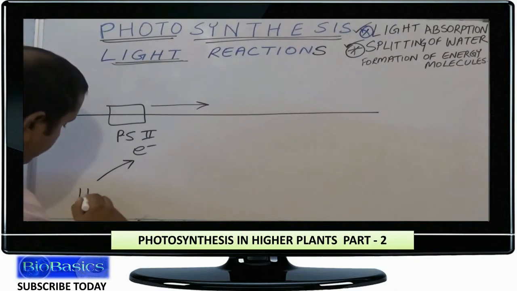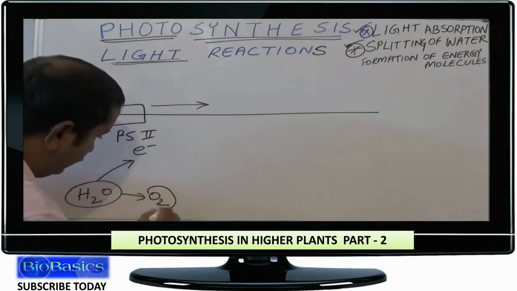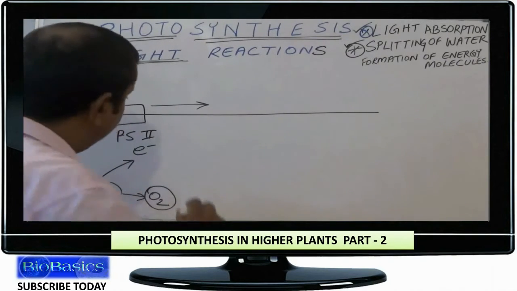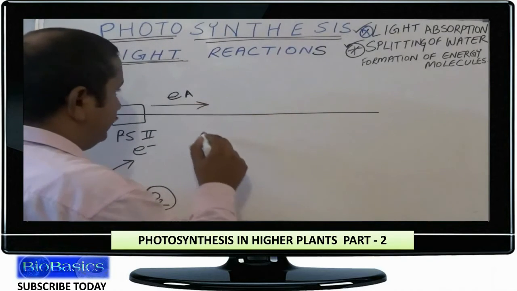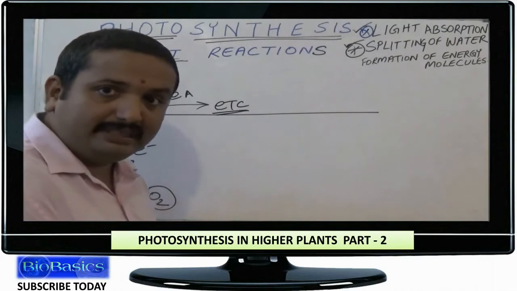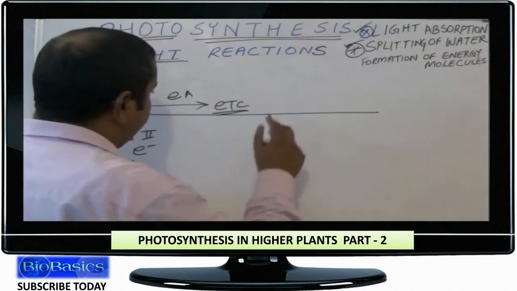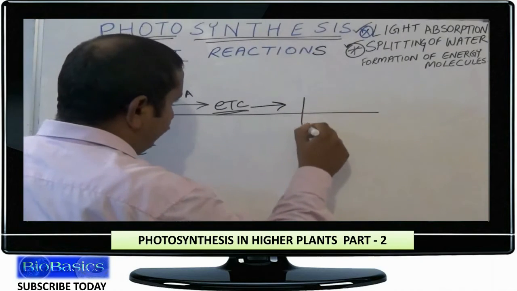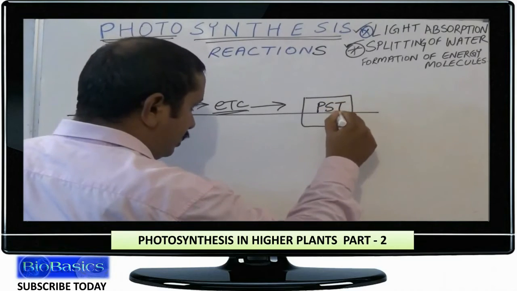They came from water molecules. What was the outcome of this? Oxygen, which is important to us. The excited electrons travel along an electron acceptor via an electron transport chain, which I will write in short form for saving time as ETC, and they reach another photosystem which is called photosystem 1.